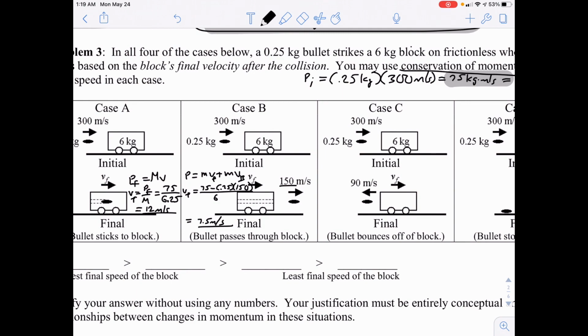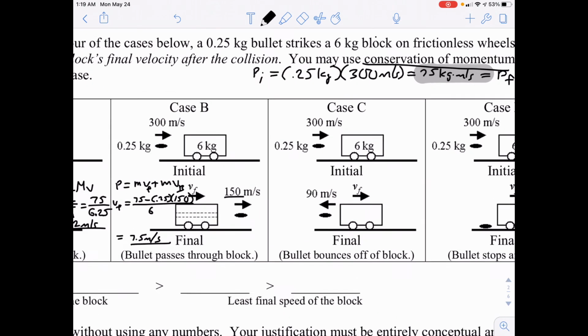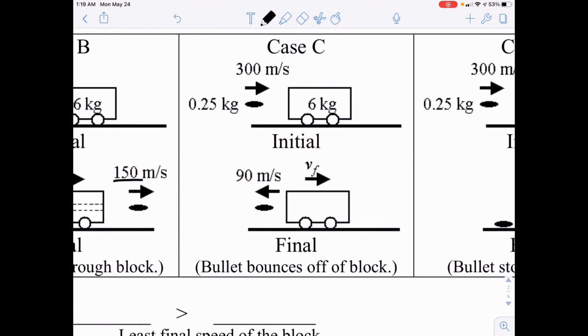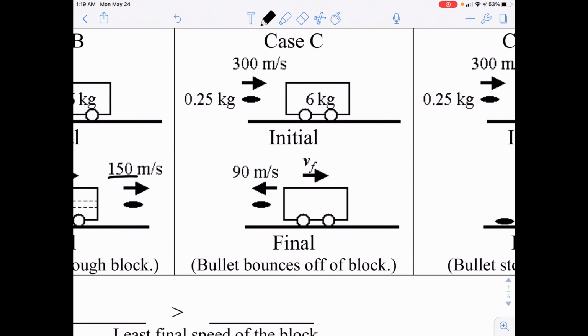Now, in case C, you have a situation where the bullet bounces off and rebounds backwards. So if that's true, the final momentum is going to be equal to, instead of mv minus mv, let me see.